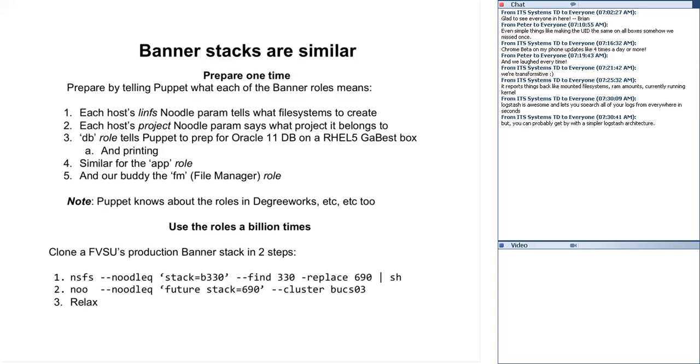So for us, step 0, which isn't here, is spend 10 minutes making DNS changes, and then we're going to say make a new stack from an existing stack, and then run new to create the OSs, and then we're done. So there's a lot of prep work involved in that, but once done, we can just crank out as many Banner stacks as we need.